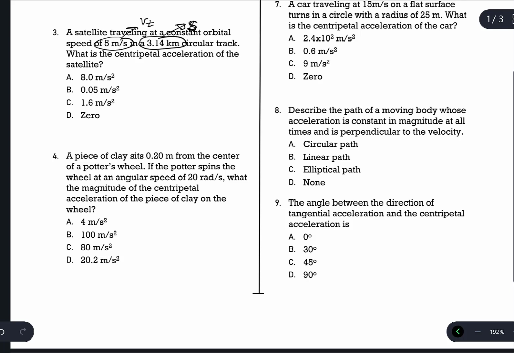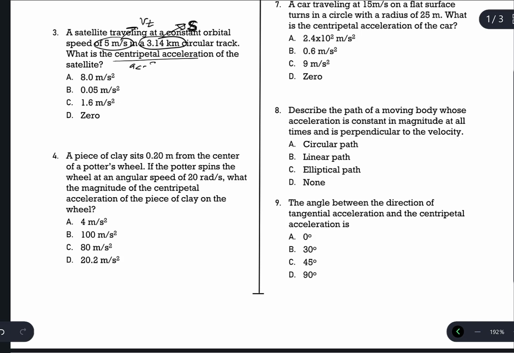Some students told me during their study that this question is incorrect, and when I checked their solutions, I saw that they were writing it as the radius. This is not the radius, this is the circumference of the circle, and that's why we should first calculate the radius. What is the centripetal acceleration of the satellite?